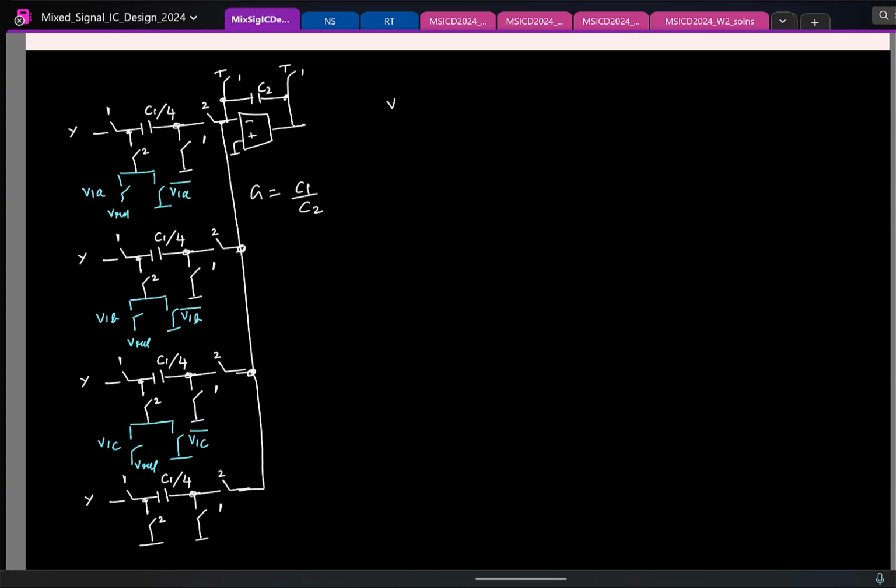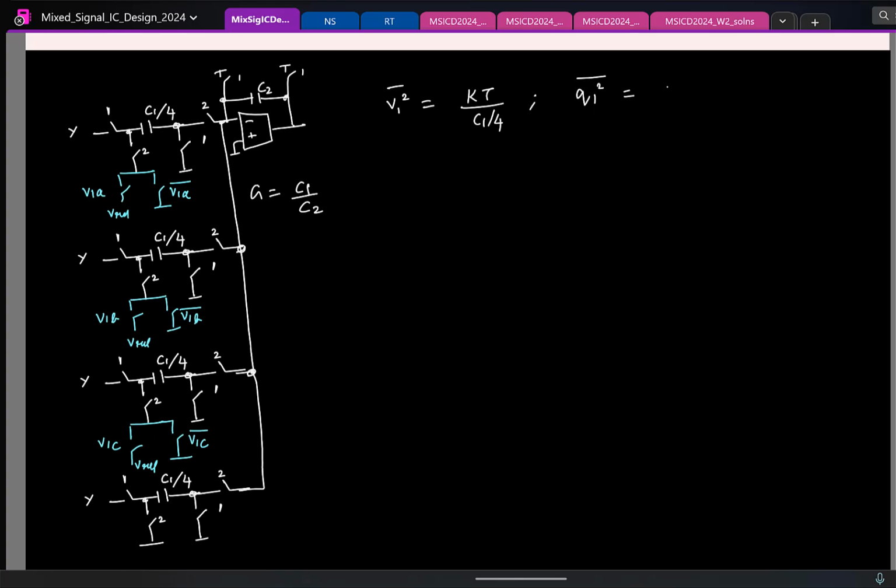Yeah, so if I look at the mean squared noise, that's basically 4KT by C1. So if I look at the mean squared charge stored in the capacitor, how much will that be? 4KT C1 or KT C1 by 4?